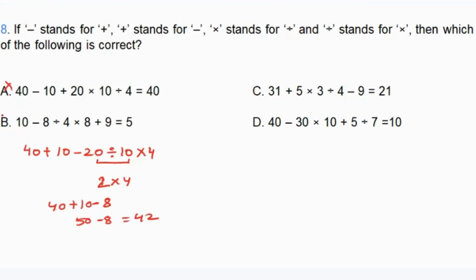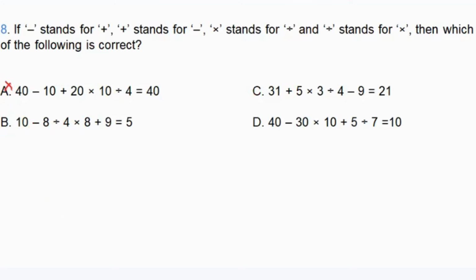Okay. Now if we go with option B, we write it by changing the signs only. So 10 minus 8 becomes 10 plus 8. Divided by 4 means multiplied by 4, then multiplied by 8 means divided by 8, and minus 9.